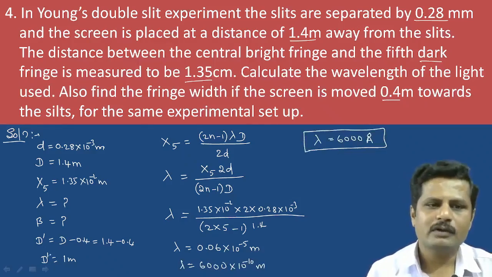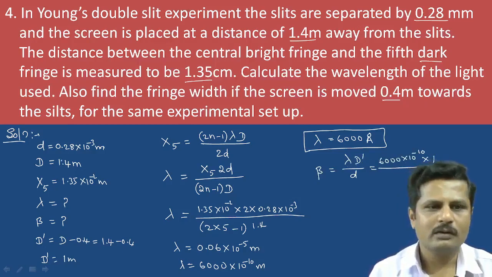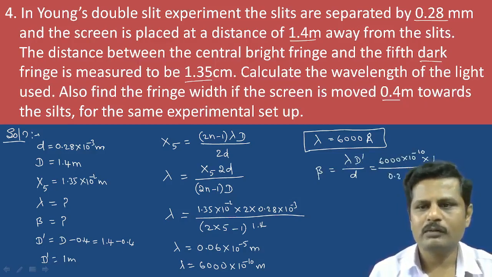Suppose the distance of the screen is moved 0.4 meter toward the slit, then the distance between the slits and the screen is equal to 1 meter. By using the formula of fringe width, beta equals lambda D divided by d, we can find the fringe width. Let me write D dash here: lambda equals 6000 angstrom, that is 6000 into 10 raised to minus 10, into D dash equals 1 meter, divided by small d, that is 0.28 into 10 raised to minus 3.